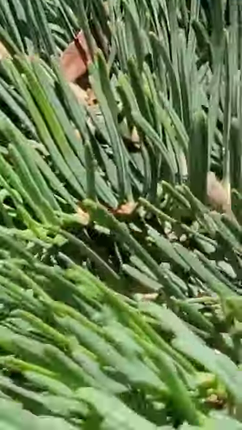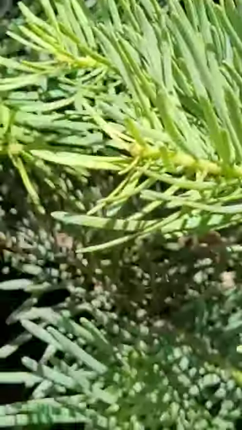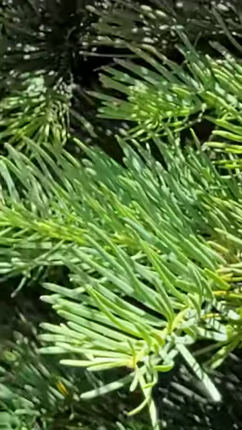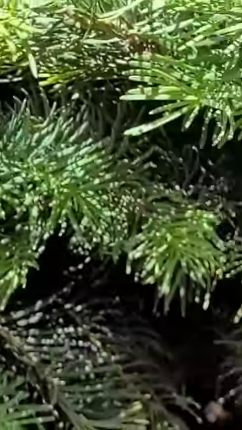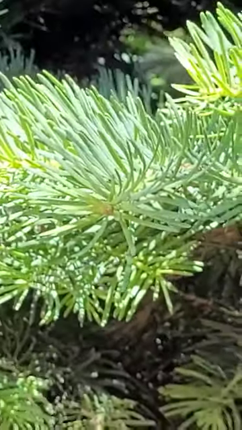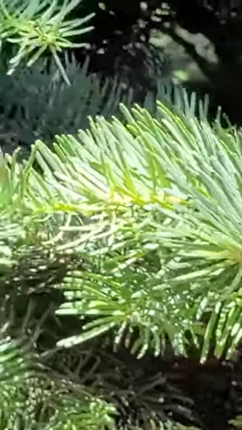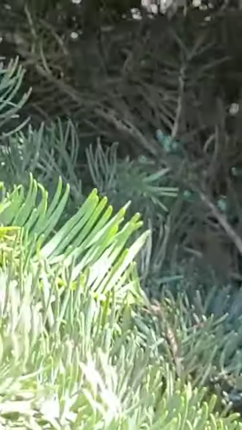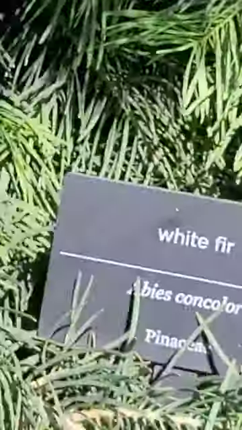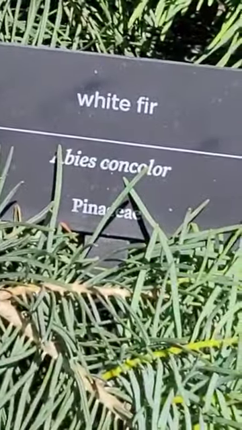This particular Abies is called white fir, Abies concolor. Botanically, this has a different name, Abies concolor. So this particular Abies, you can see written here as white fir, Abies concolor.